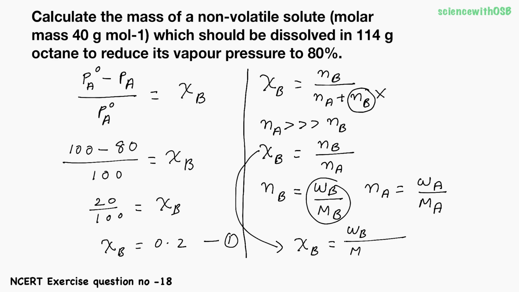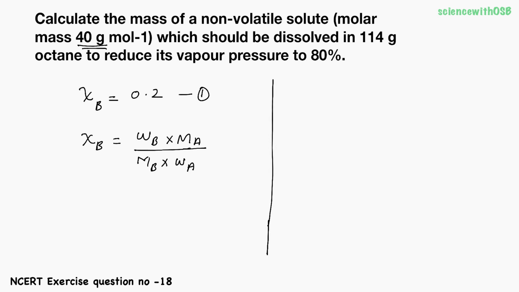Now number of moles of solvent is WA by MA, correct? So chi B equals (WB by MB) by (WA by MA). We got up to this equation, right?